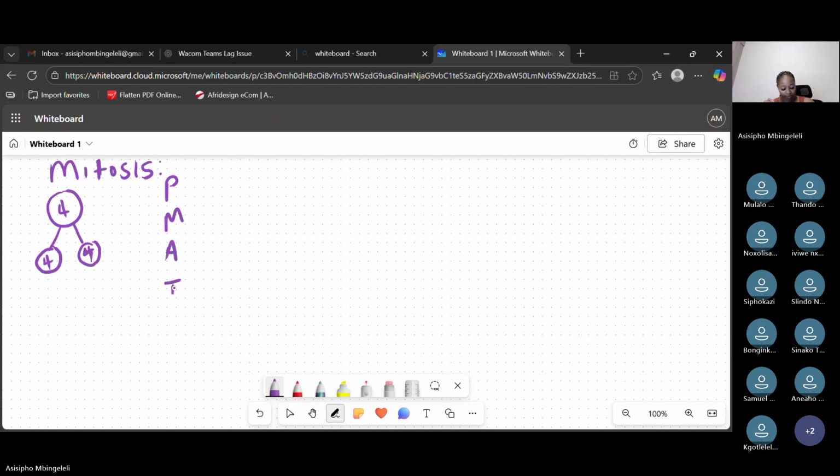These are the first letters of the names of stages or phases here. I can include another one, but it's no longer regarded as a phase in mitosis. It's regarded as a phase in the cell cycle. If you remember it, interphase.